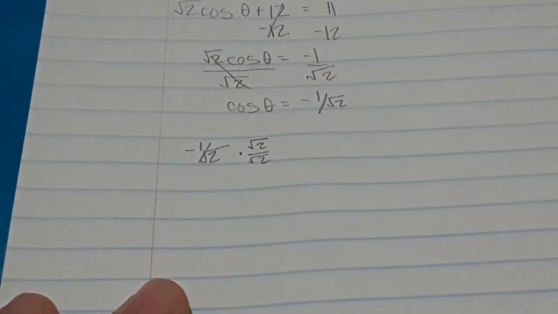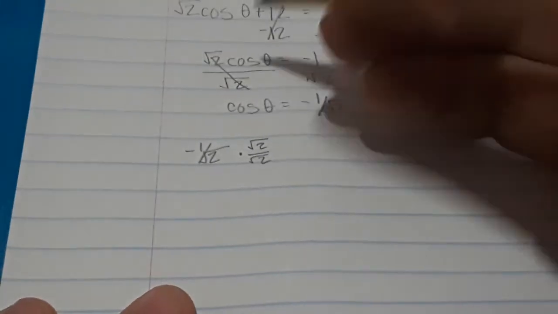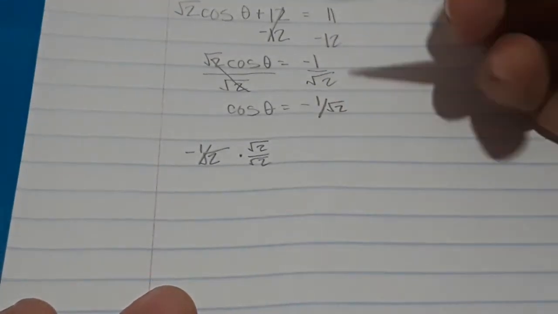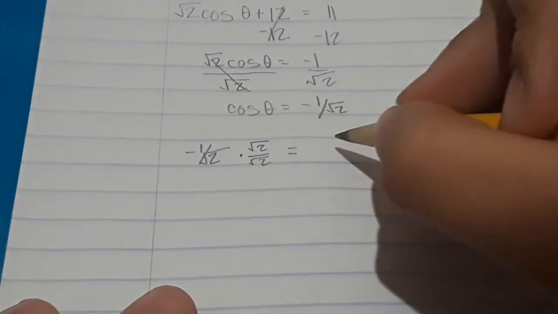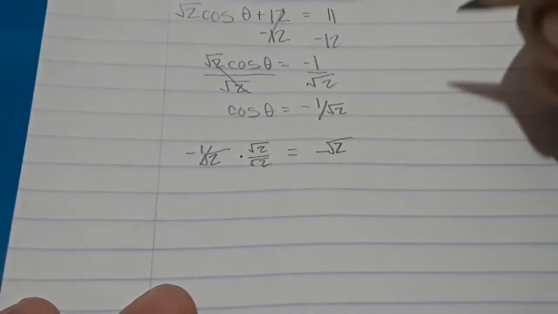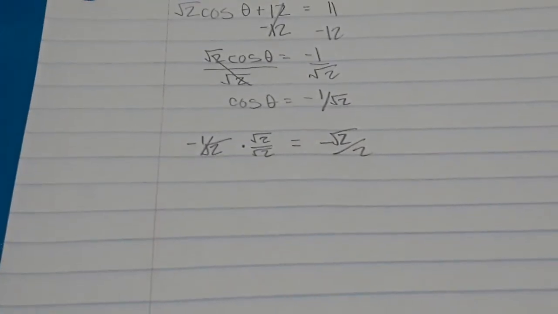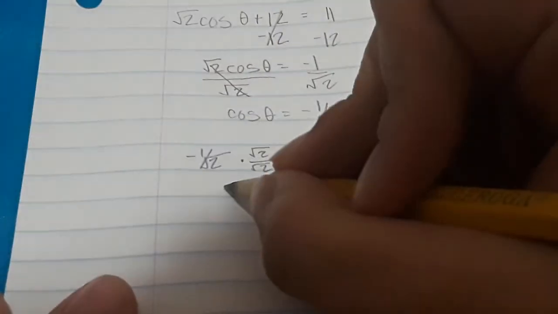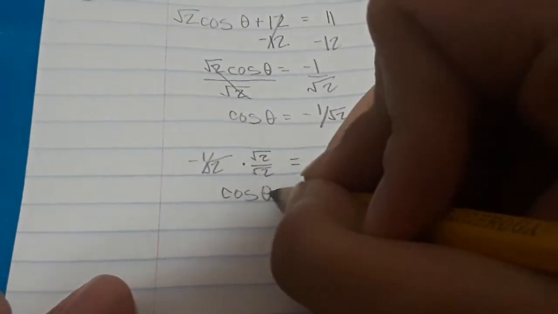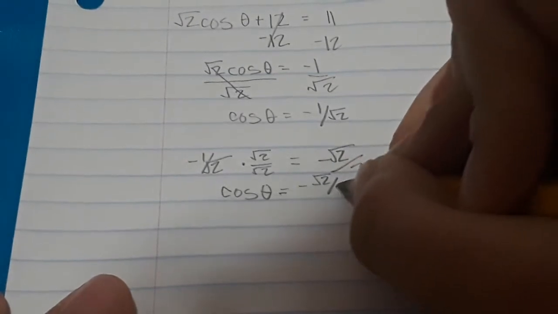That's basically just multiplying by 1, but we don't want the square root on the bottom. When you multiply this, you're going to get negative square root of 2 over 2, as a square root times itself just gives you its normal number. And now we have cosine theta equals negative square root of 2 over 2.